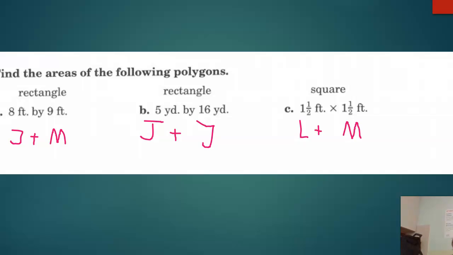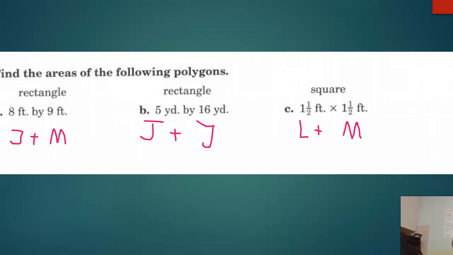All right, for letter A, we should have had 9 times 8, which would give us 72 square feet. For letter B, 16 times 5, which would give us 80 square feet.